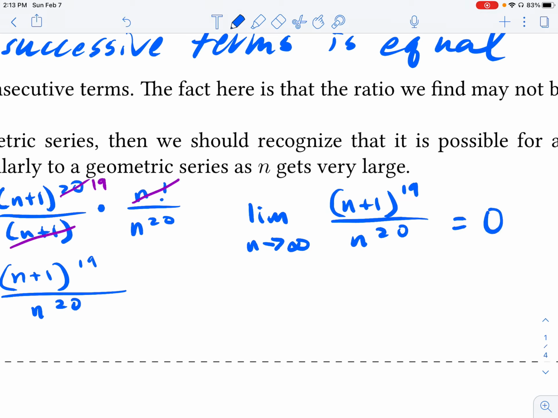What does this mean? It means as n gets really large, the ratio between the consecutive terms gets smaller and smaller and smaller. So we can draw a similar conclusion to that of the geometric series test, right? As n approaches infinity, the ratio gets smaller.